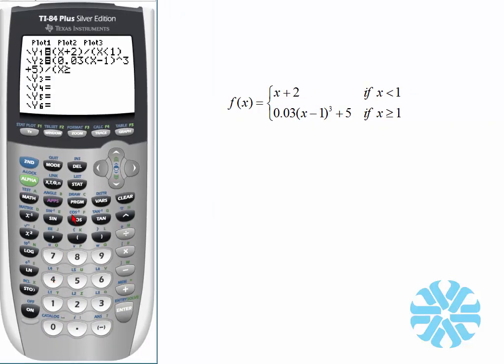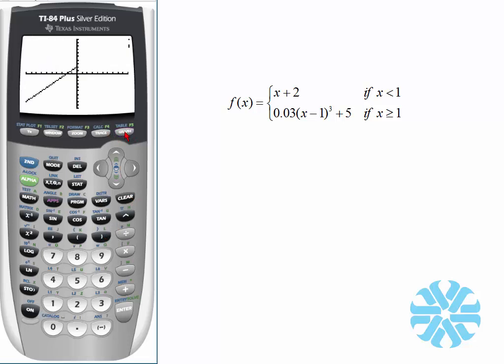And we want x greater than or equal to 1. And then we will close this with a right-hand parenthesis. And now we can graph this particular function. So we'll select the graph key. There's the first piece, and there's the second piece right here.